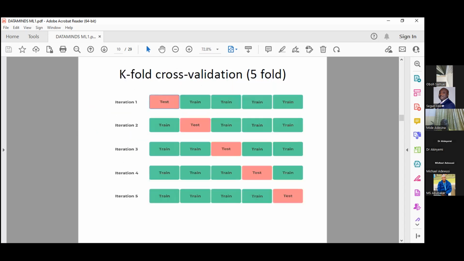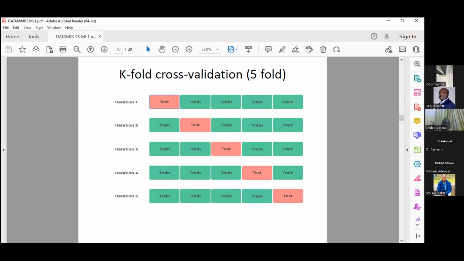The first one is k-fold cross-validation. We also have the hold out method, where you set a certain percentage apart. That one is prone to bias because not all the data sets were involved in the training process.